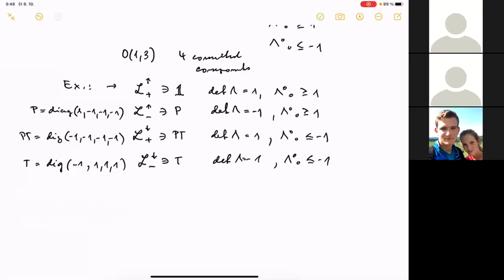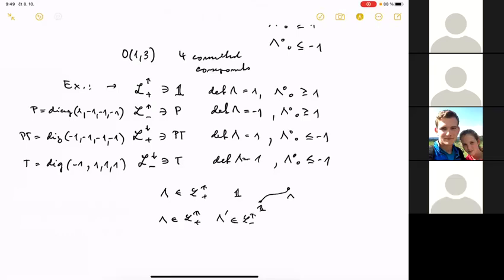That means if we have some lambda from L plus upwards, all these elements lambda can be connected with the unit element of the group by a continuous path, that means by some curve in the group space. But if we have, say, lambda from L plus upwards and lambda primed from L minus.